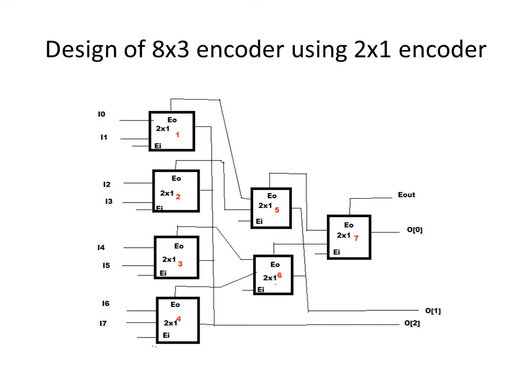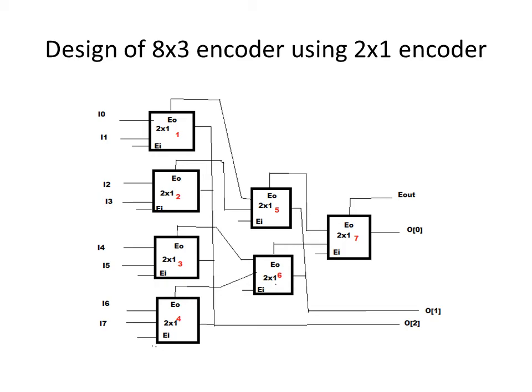I am declaring an internal signal to collect these outputs, and these outputs are tied. The enable signals of the first 2x1 encoder and second 2x1 encoder act as inputs to the fifth encoder. Similarly, the enable signals of third encoder and fourth encoder act as inputs to the sixth encoder. In the similar fashion, the enable signals of fifth encoder and sixth encoder act as inputs to the seventh encoder.